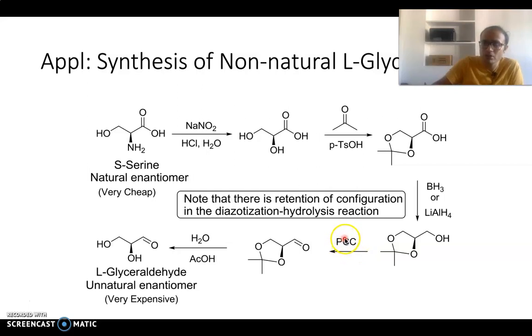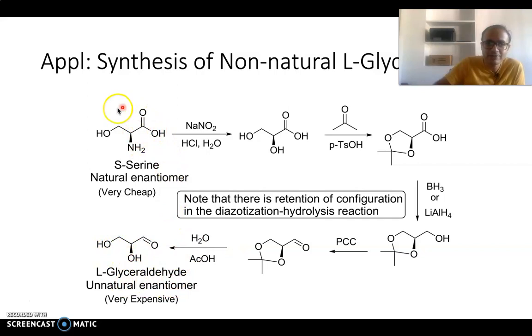You will talk about oxidizing agents in various portions of organic chemistry, where when you use this particular oxidizing agent, it will selectively oxidize primary alcohol to aldehyde. Okay, so when you have reduced it to aldehyde, then on hydrolysis you can get back your L-glyceraldehyde.